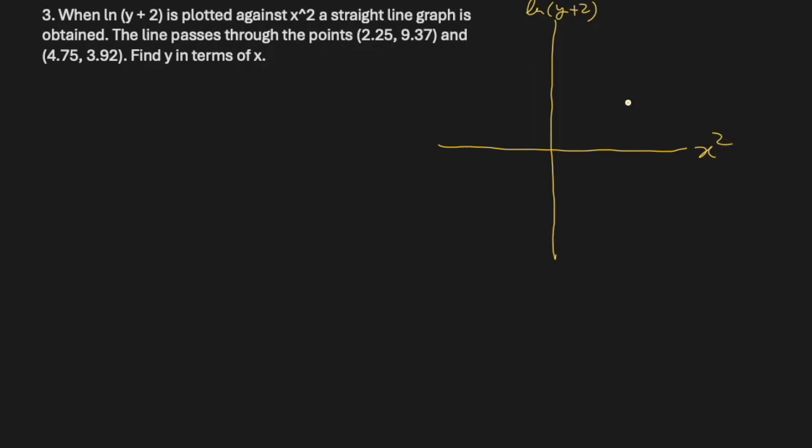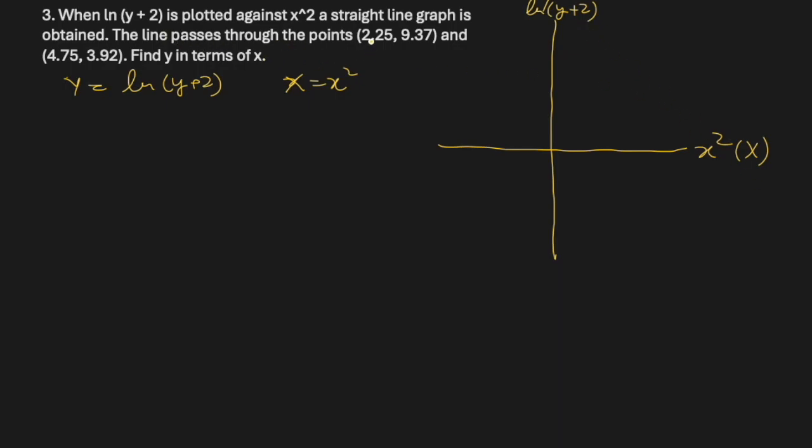Since our axes are labeled strangely, so to make it simple, what we can do, that the capital Y is natural log of y plus 2 and x square is capital X. So basically this becomes our capital Y axis, and this becomes our capital X axis. Ignore x square and ln(y plus 2) for the time being. Okay, so I'm not cancelling them, but I'm ignoring them. So my equation now will be between y and x capitals, these ones.